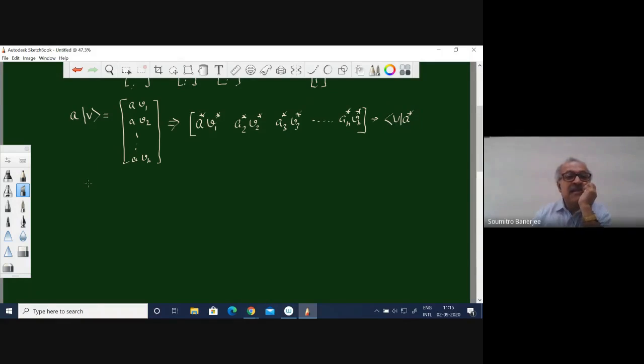Now, all this Vi is nothing but the projection of V onto the ith unit vector, the basis vector.